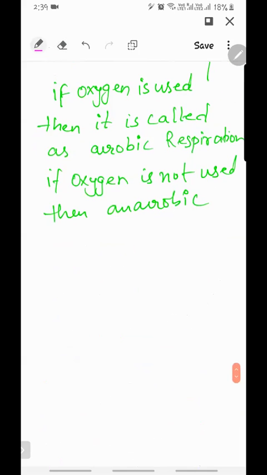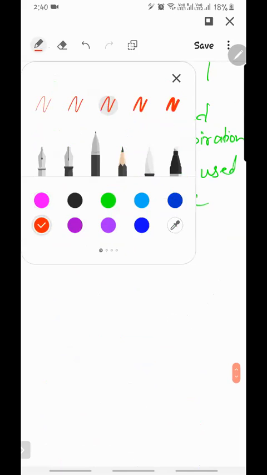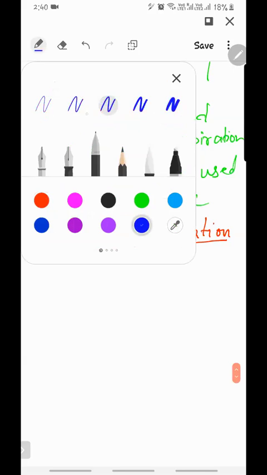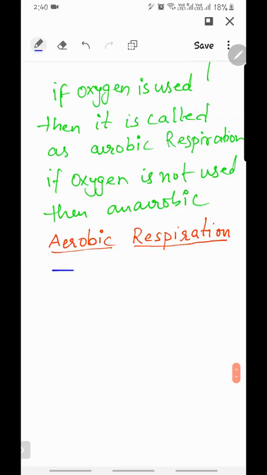So we'll see. If oxygen is utilized, then it is called aerobic respiration. If oxygen is not utilized, then it is called anaerobic respiration. So we'll see aerobic respiration first.